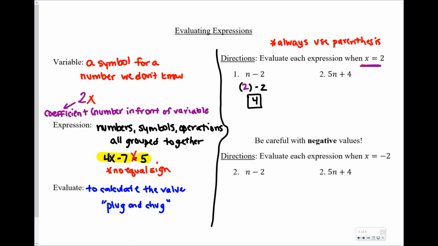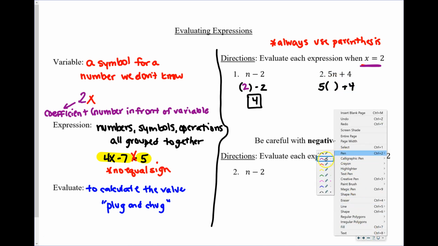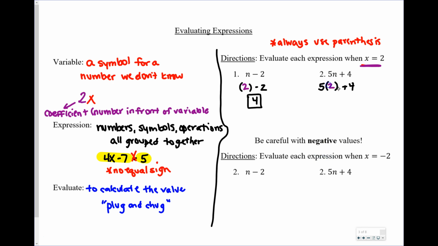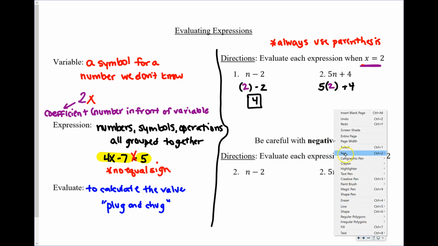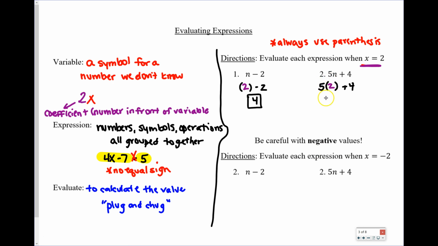There's no negatives. Here I've got 5n plus 4, so I'm going to write a 5. I'm going to change that n to a set of parentheses, and now I'm going to plug the 2 in. Okay, I'm plugging it in using parentheses, and now I'm going to simplify. 5 times 2 is 10. Bring down the 4. 10 plus 4 is 14.